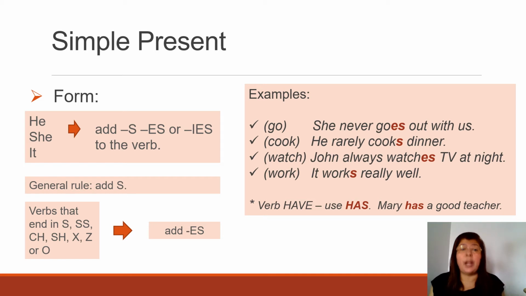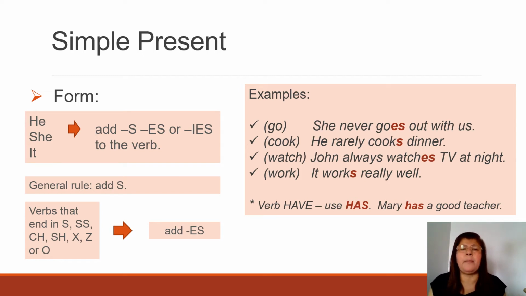First, general rule, regra geral, add s, okay? This is the first rule for all. Then you have verbs that end in s, double s, ch, sh, x, z, or o, you add es.